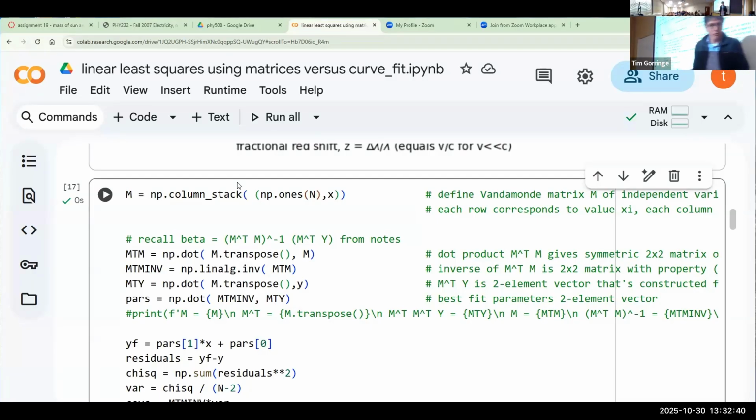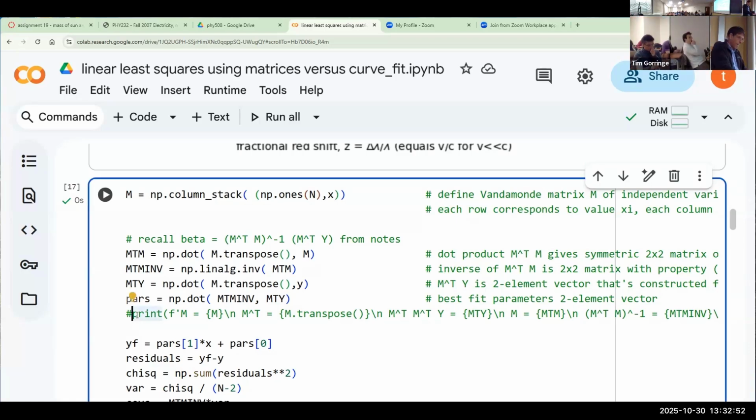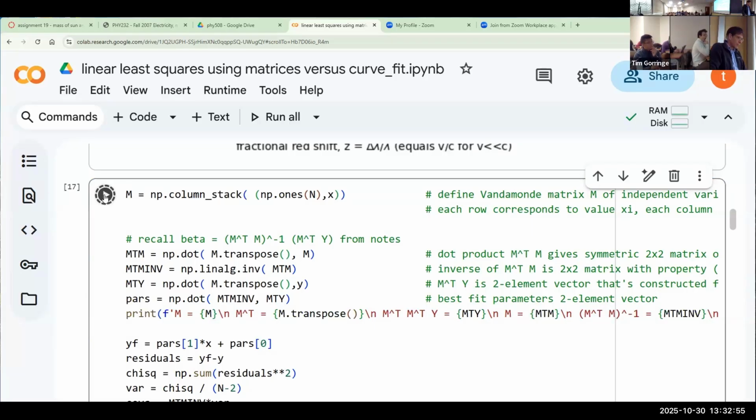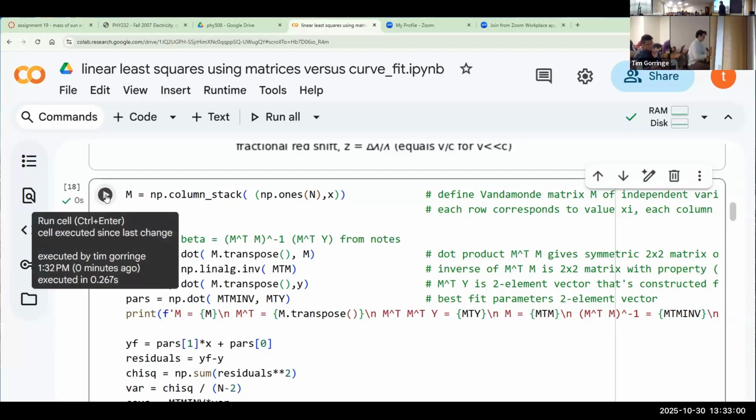And let's just take a look at that. In the print statement, I just wanted to show you what the matrix M looks like, what its transpose looks like, and what the various things that we build out of it look like.